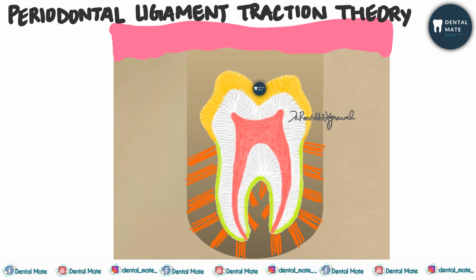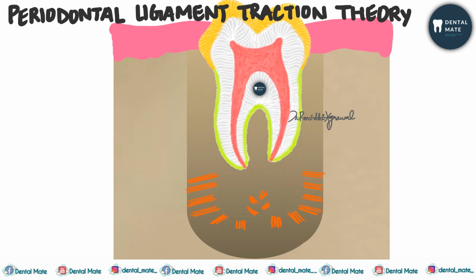So these are the periodontal ligament cells. As they contract, all the contractile forces are transferred to the fibronexus and then the collagen fibers, and there is an upward eruptive force generated and the tooth erupts in the oral cavity.